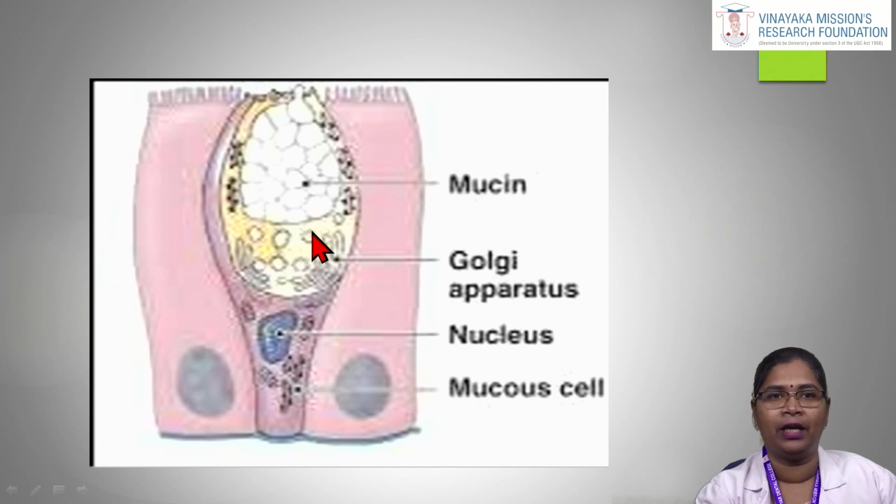From the Golgi apparatus, the zymogen granules transport the mucopolysaccharides towards the cellular apex and finally release this material onto the epithelial surface by exocytosis.